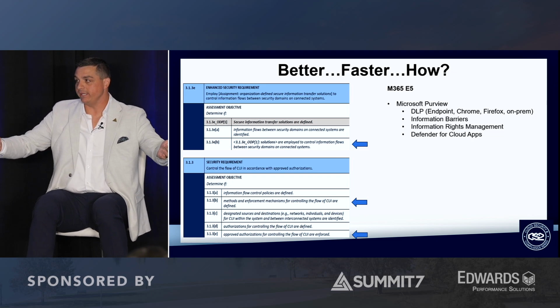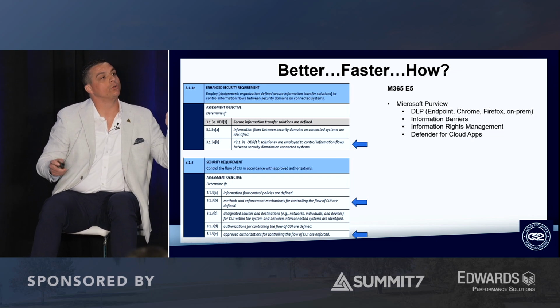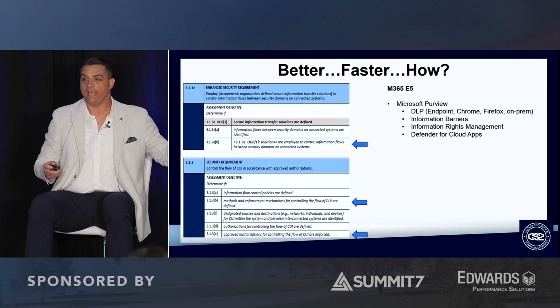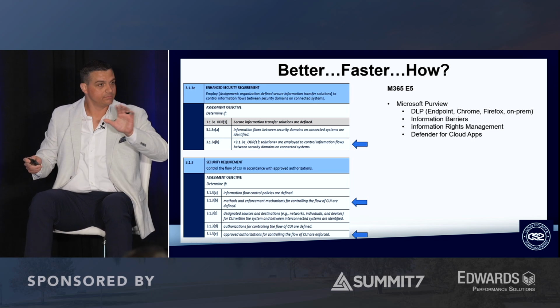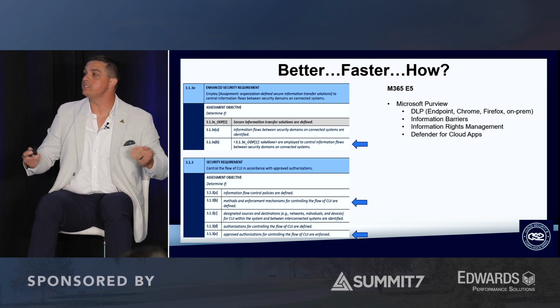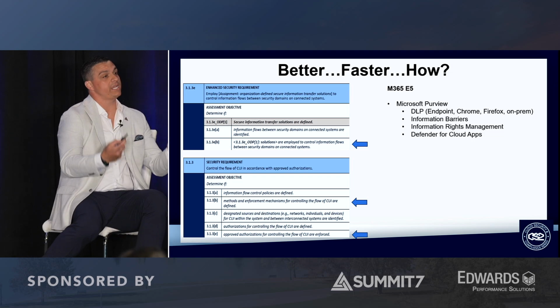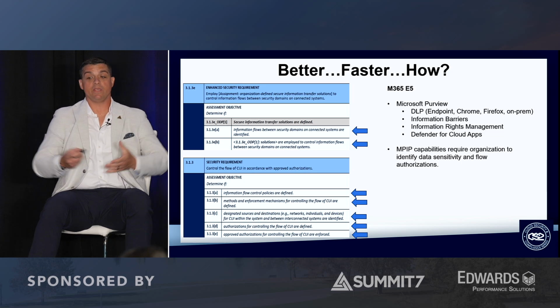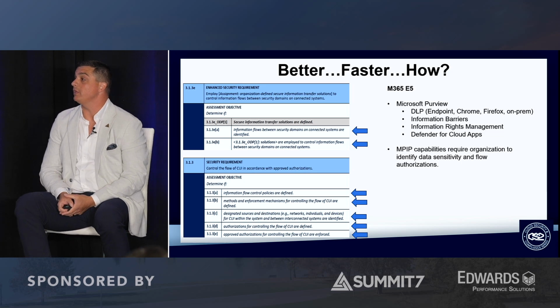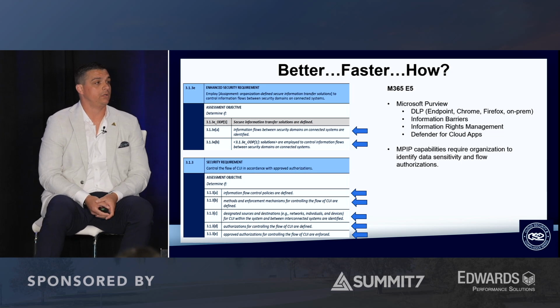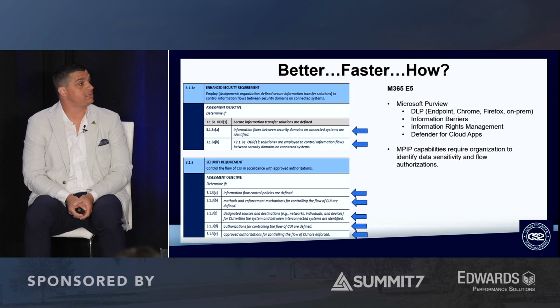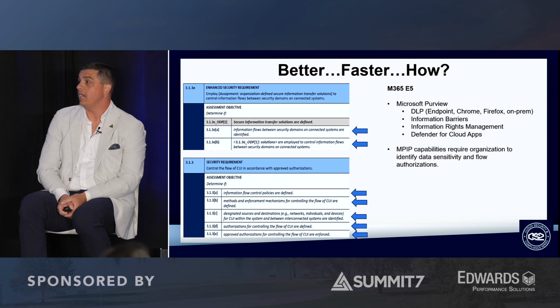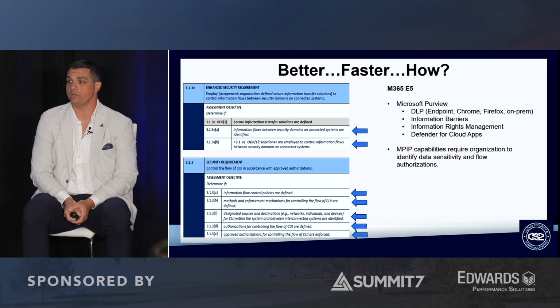Well, as I'm implementing that, and I'm only talking about if you're going to do this the right way. No half-baked implementations, block that out. But if you're going to go full standard and do this the way it's supposed to be done to protect your organization, then with those MPIP capabilities, you're going to do things like DLP policies, identifying data sensitivity, identifying locations and authorizations for it to transcend.